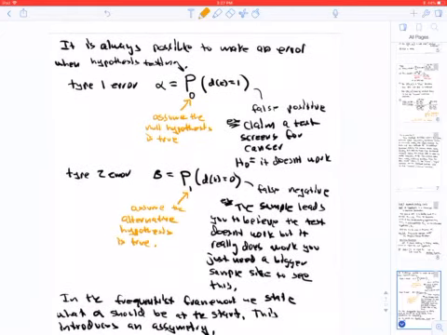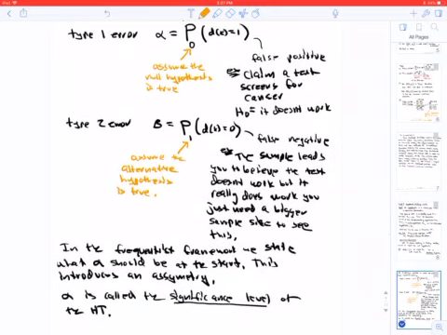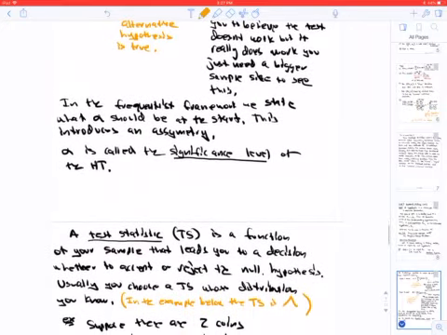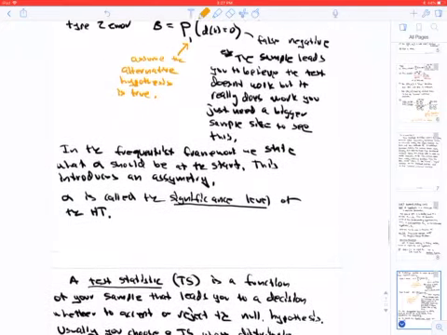And it's important to note that it's possible to make an error, that, for example, the null is true, but you decide to reject it, or the null is false and you decide to accept it. So those are type 1 and type 2 errors.